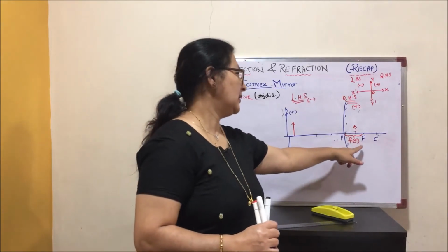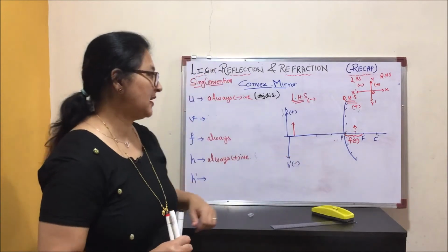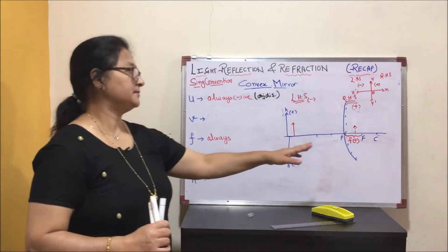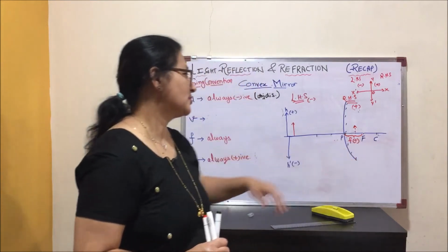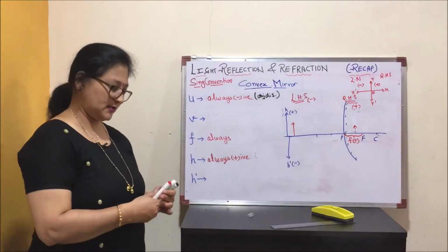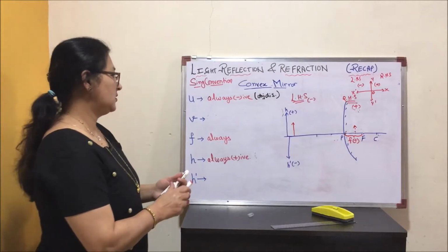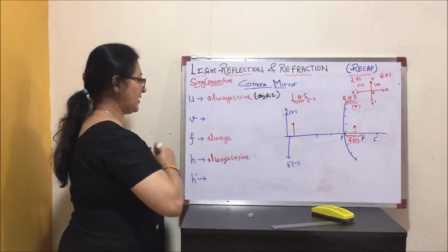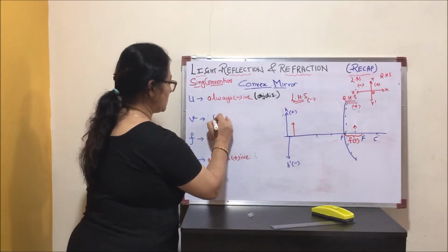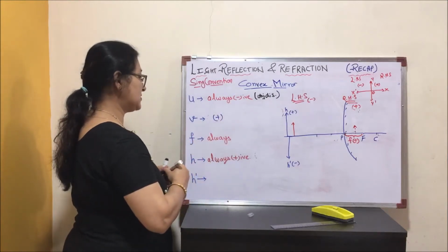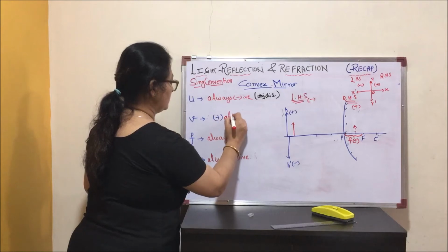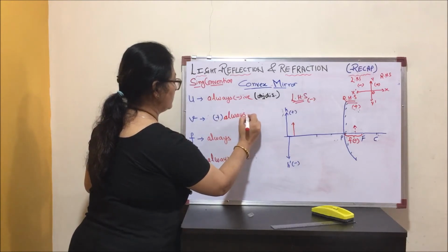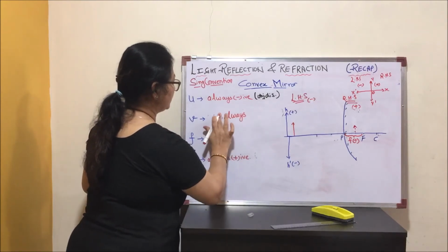So the image is at F, on the right hand side, which will be considered as positive. So in case of convex mirror, images are always positive.